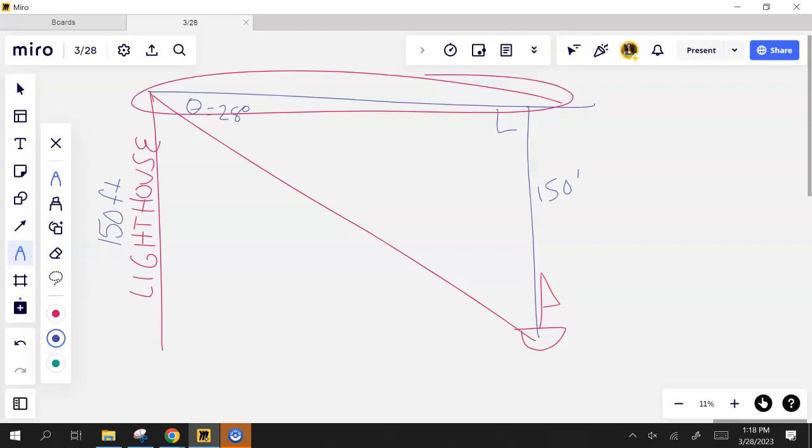Well, here's the lighthouse, and the reason this is here is because it always goes from your line of sight. It always goes straight out like lasers from your eye. And then it looks down at a 28-degree angle. Are we trying to find the hypotenuse?